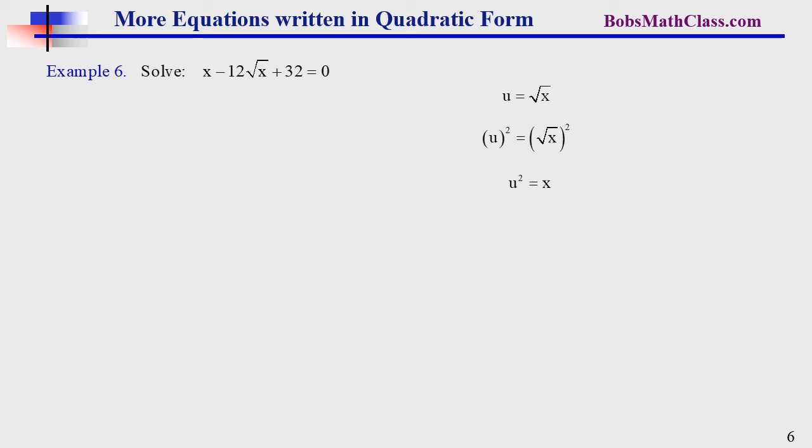It says u squared equals x. That means x equals u squared. So x is going to get replaced by u squared. Square root of x, well, what is the square root of x equal to? Right, it's equal to u. So now we have u squared minus 12u plus 32 equals 0.